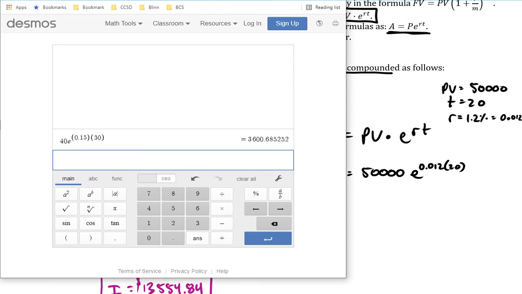So it was 50,000 e to the 0.012 times, so I didn't move the decimal right. Let me use parentheses. So that's why parentheses are a little better. And then parentheses 20. And that's our answer.